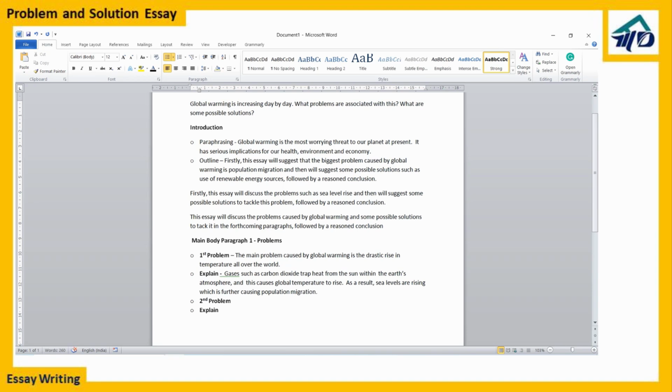Now, in many articles you will find a statement like, XYZ city would be underwater after so many years. So I will give one example.